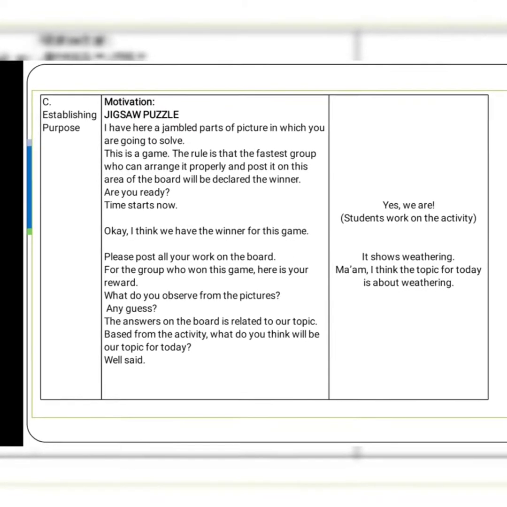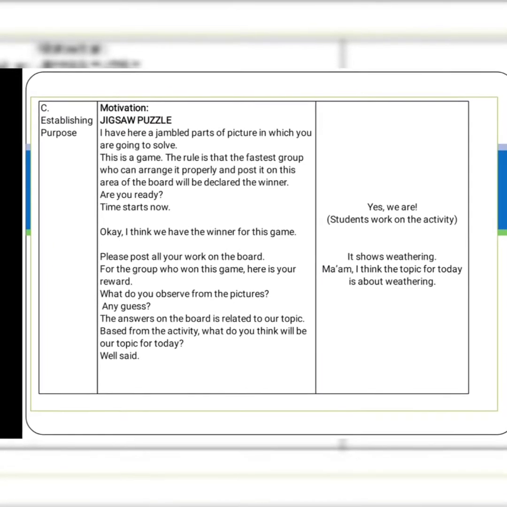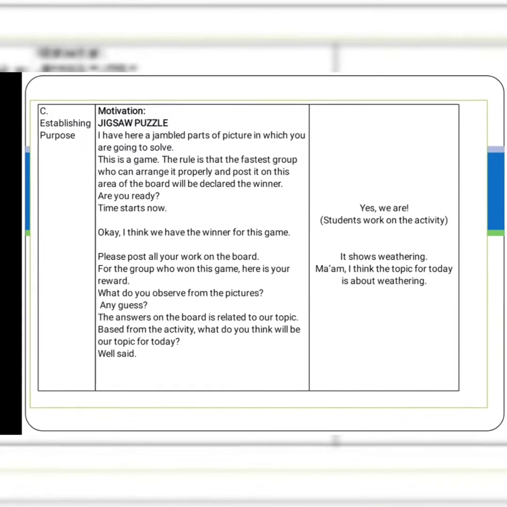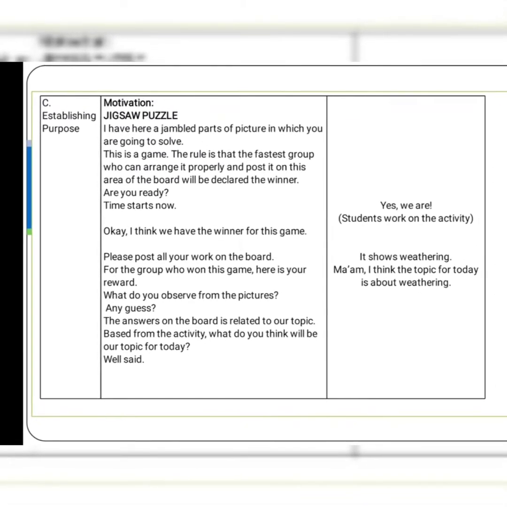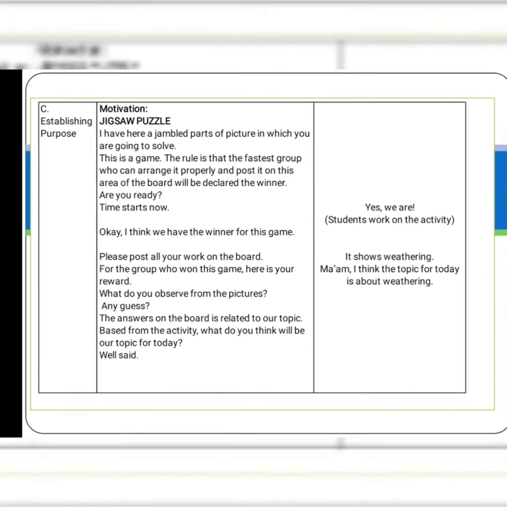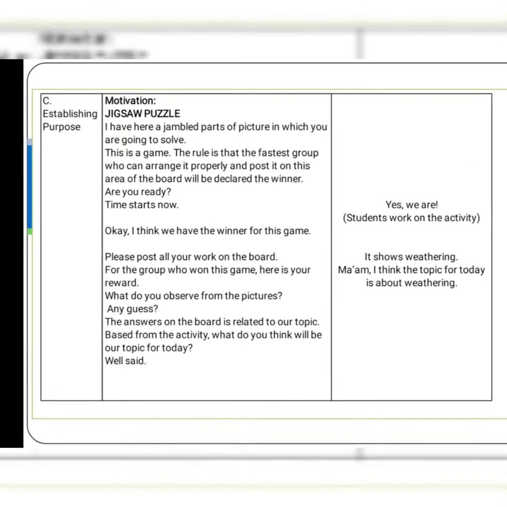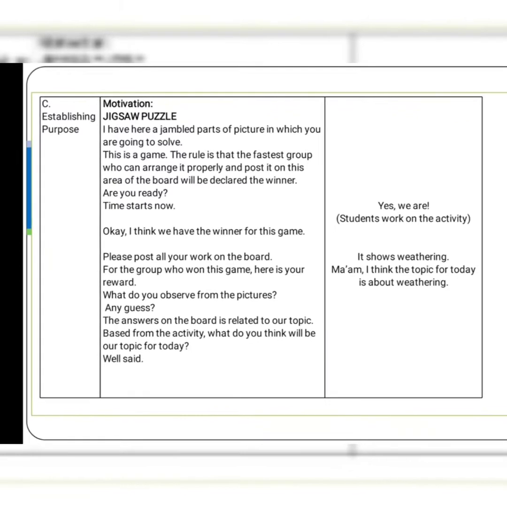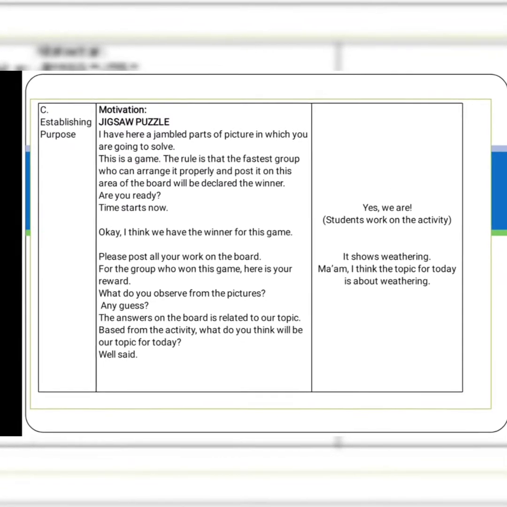After reviewing the lesson, you can proceed to motivation. So in here, you can think of exciting activities. For example, in here, I have a game activity for the students to arouse their attention. So I have a puzzle that they're going to solve, and then the fastest group will be the winner.